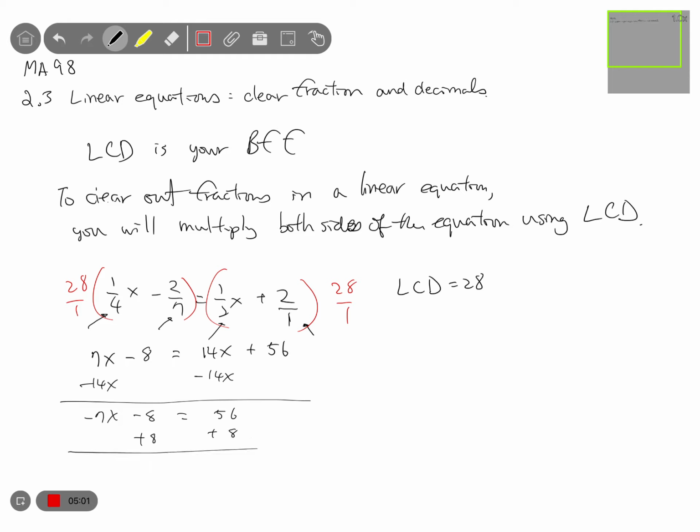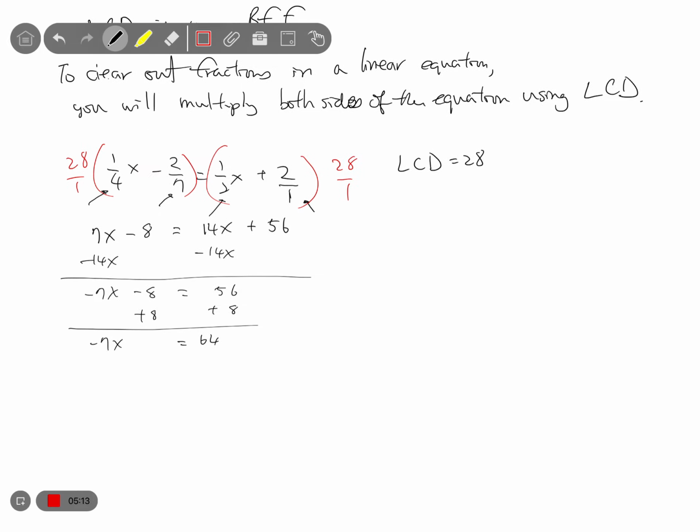So to isolate the x, I have negative 7x equal 64. And to finish out the problem, divide both sides by negative 7. So x equal 64 over negative 7, and I'm totally okay with that. Okay. So that's how you clear out fractions.